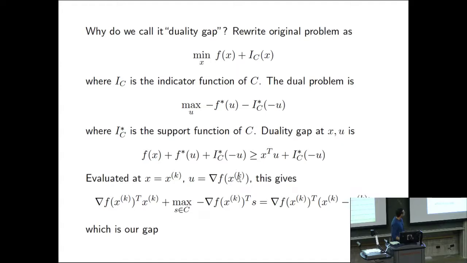And now I'm using Fenchel's inequality. Okay, that the sum of f of x and f star of u is bigger than or equal to x transpose u. It's a fact about conjugates. We call that Fenchel's inequality. And if I were to evaluate this thing at xk and this particular dual iterate, which is the gradient of f at xk, I get exactly this.